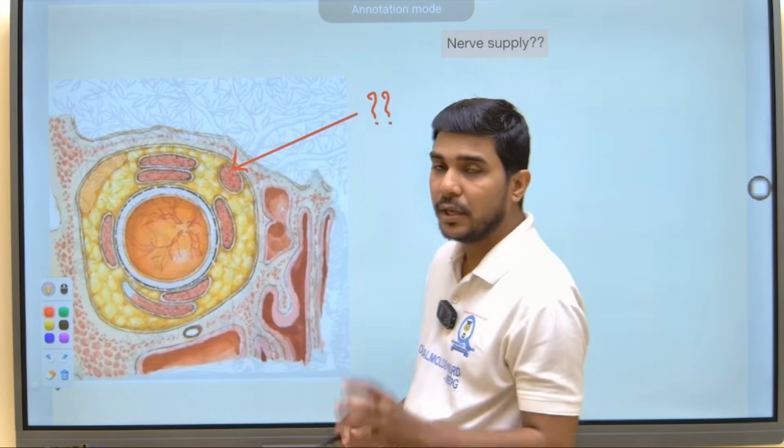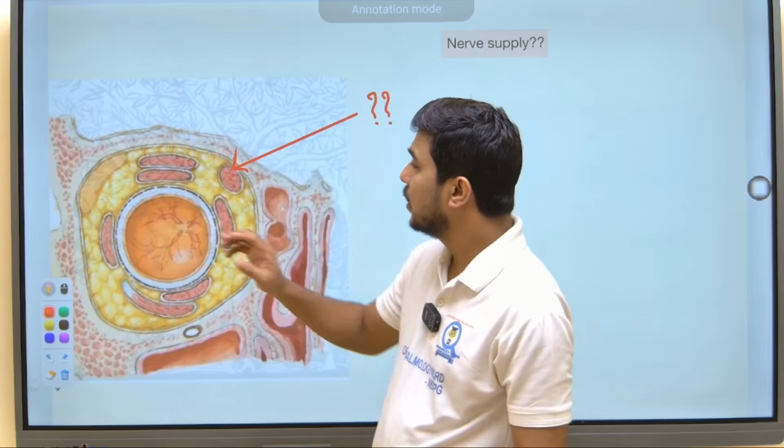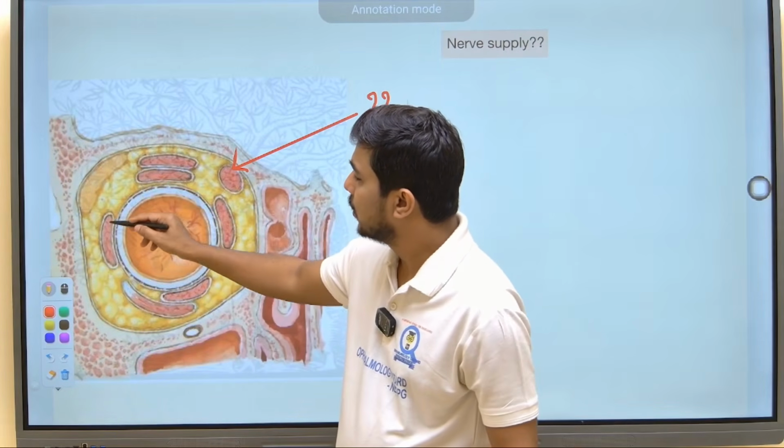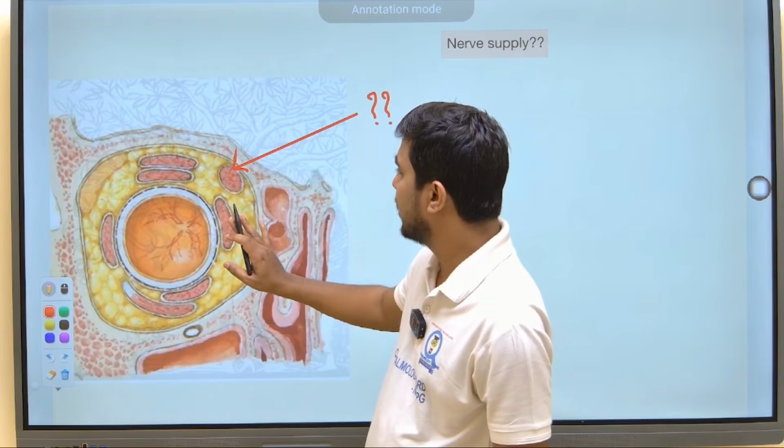Okay. So there are the 4 extraocular muscles, all the extraocular muscles are present here.